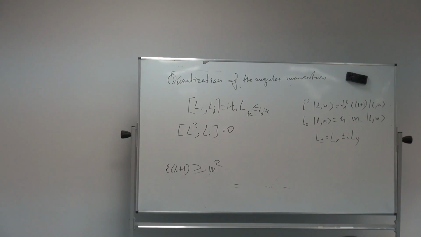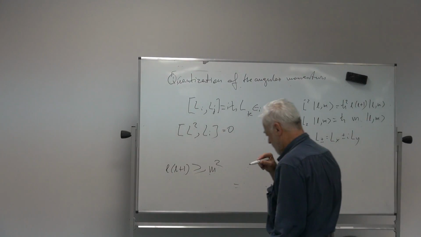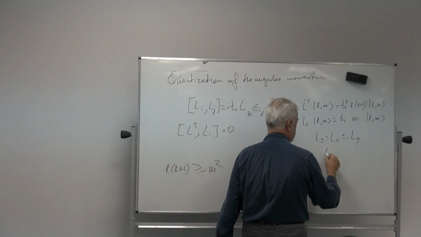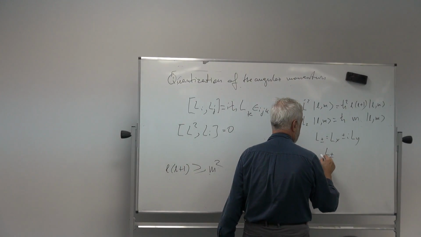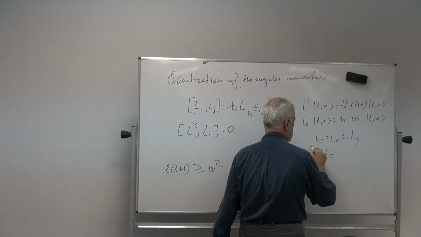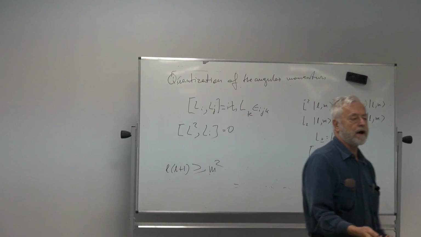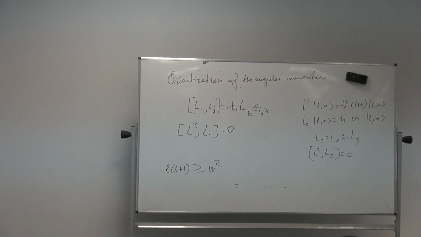But who cares? Sometimes they are useful. Now, I think it is clear that both L plus and L minus commute with L squared. Yes, because both Lx and Ly commute, so their combinations are also commuting.